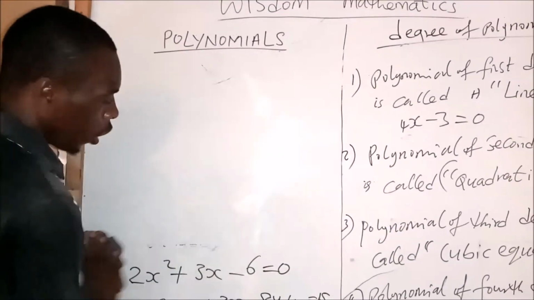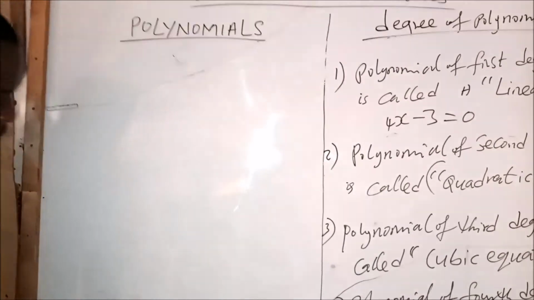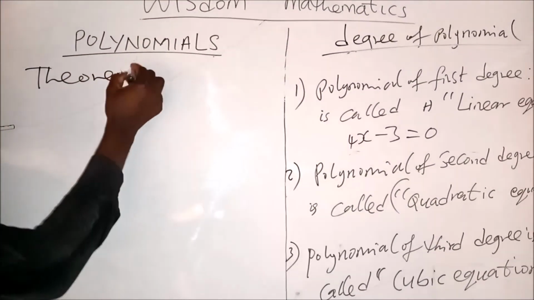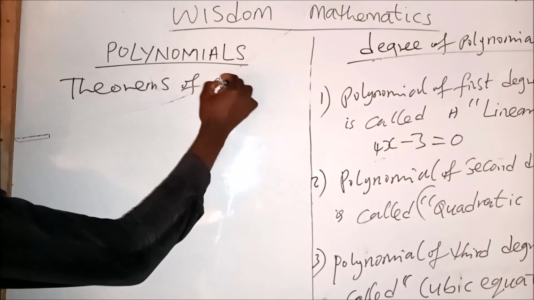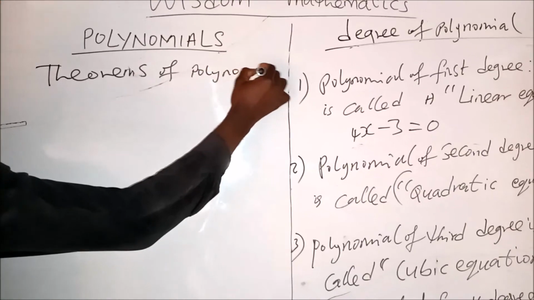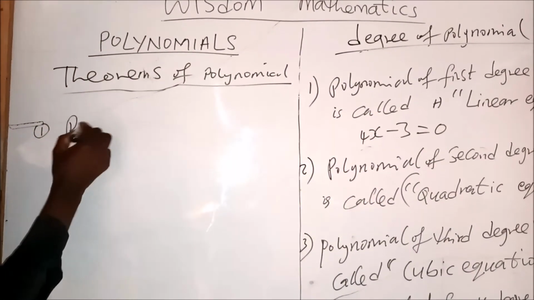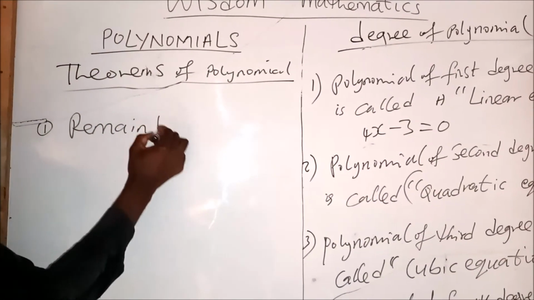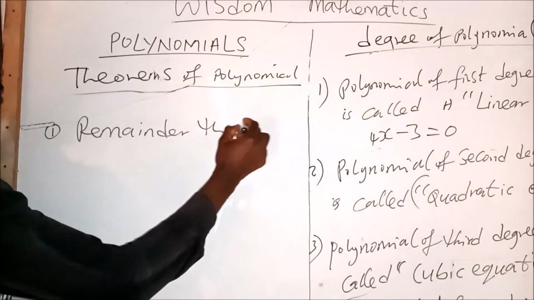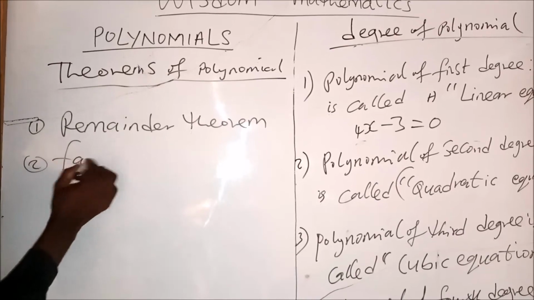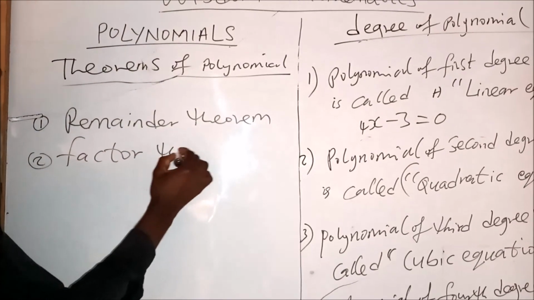Now, the next thing, which is the most important area of polynomial as a topic, is to know the two theorems that are involved. There are two theorems of polynomial. Number one is the remainder theorem. Number two is the factor theorem.